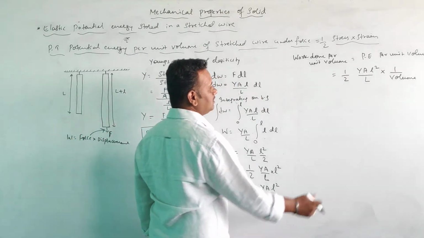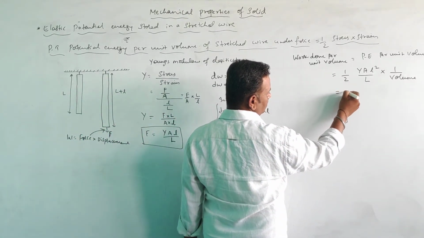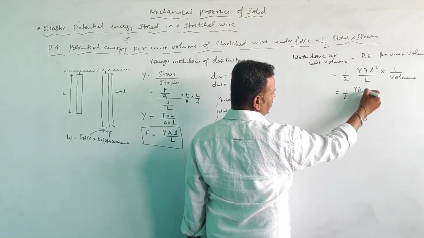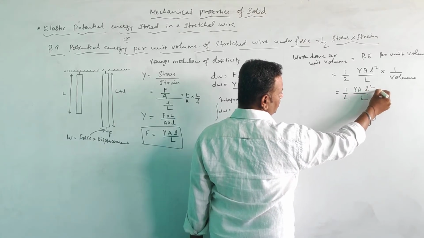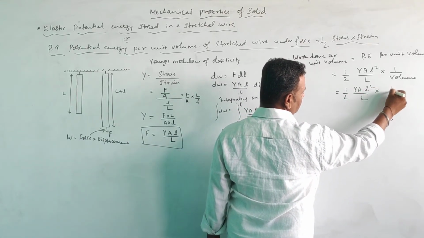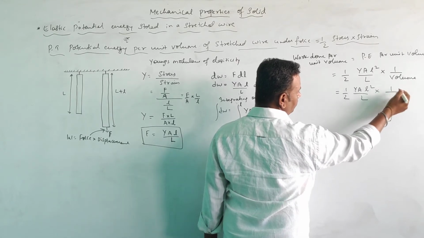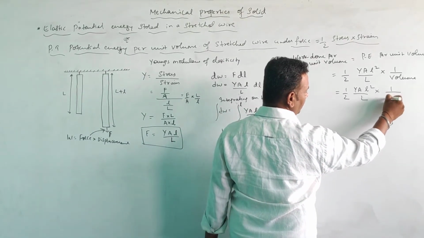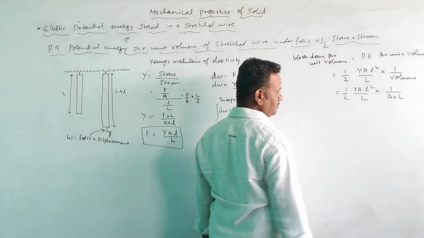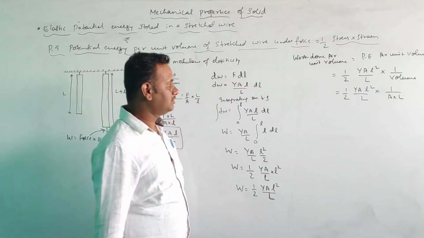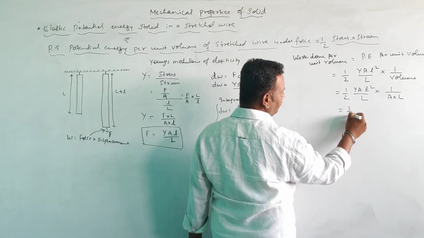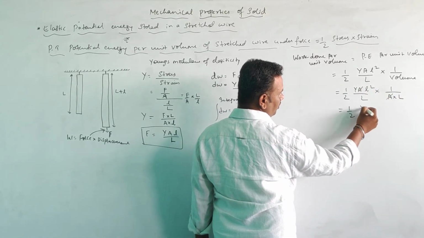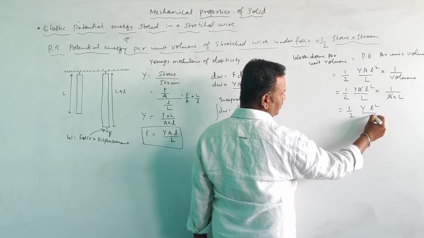So therefore I can write this as half Y A l square divided by L into 1 by volume, that is area into length of this wire, so A into L. Therefore I can write this as half, here A will get cancelled, Y l square divided by L square.